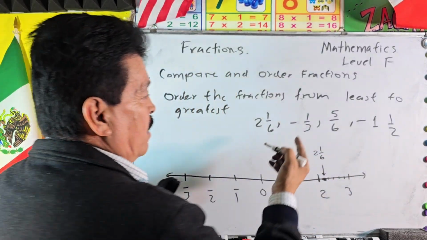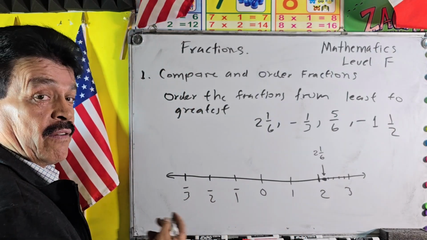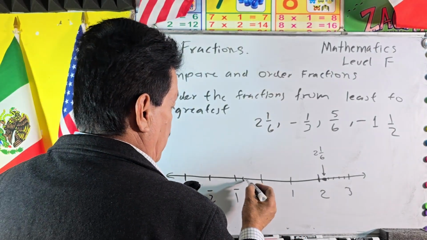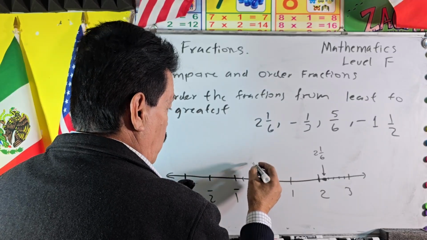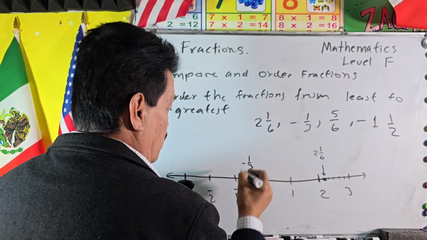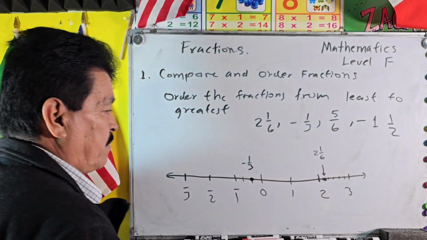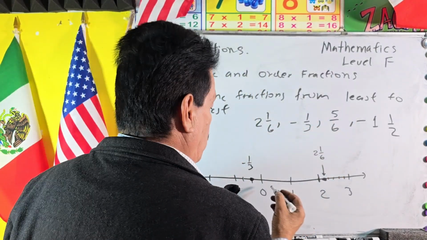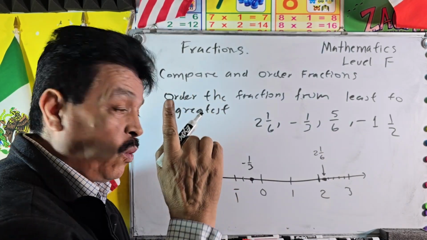And then negative 1/3. Negative numbers go to the left, so divide by 3 between the whole numbers. Negative 1/3 is right here. Then 5/6 positive: we have to divide this number by 6 because it is almost a whole 1.